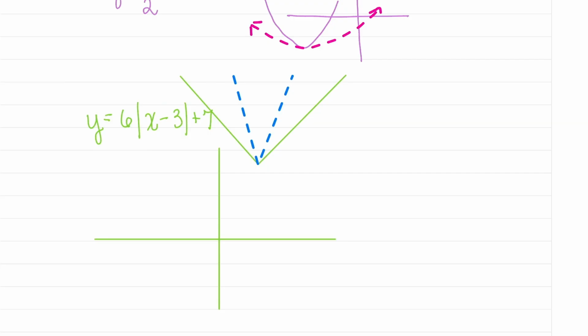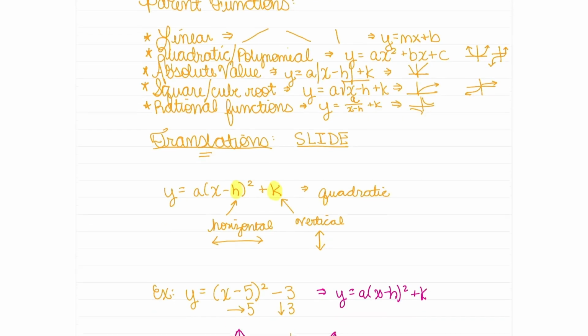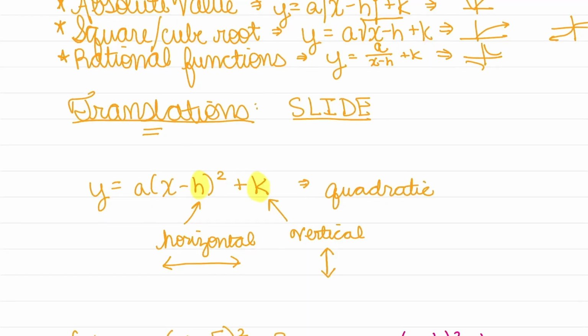Some of the biggest mistakes that I've seen students make are forgetting the simple rules about the transformations. So, as I mentioned in the previous video, I'll go ahead and recap it here for you guys as well. I would definitely become familiar with these parent functions and how these transformations apply.